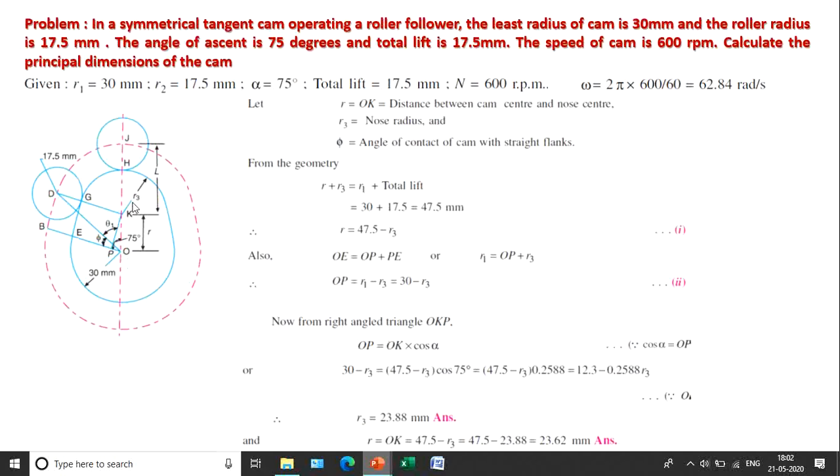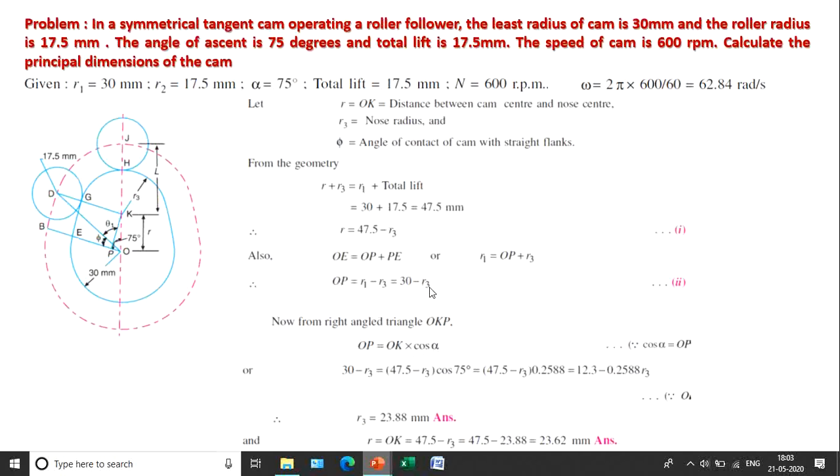Now come to this triangle OPK. This forms a right angle triangle, so we can apply the cos function. We get OP as OK into cos alpha, where alpha is 75 degrees. So this angle is 75 degrees.